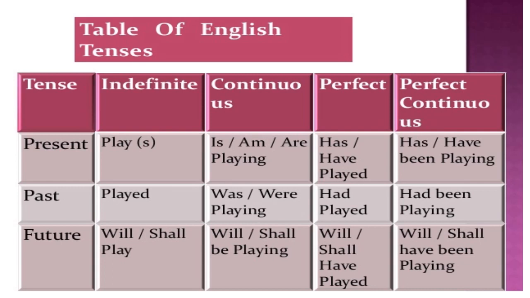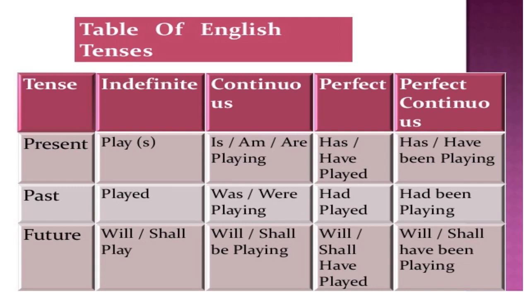In perfect continuous tense, in present perfect continuous tense, we use has or have plus been plus the ing form of the verb, as it is written here. Has or have been playing. In past, we use had been plus the ing form of the verb, meaning had been playing.